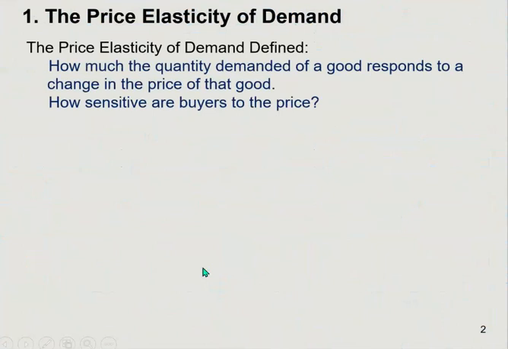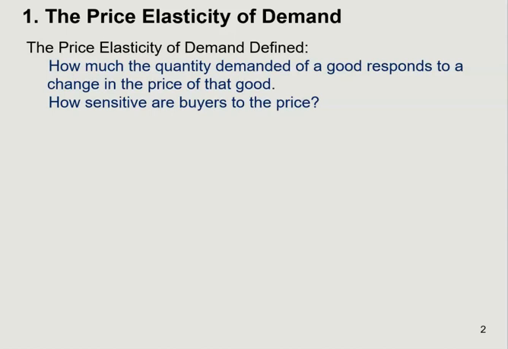First of all, let's get the price elasticity of demand defined carefully. Here we're going to talk about the price elasticity of demand. And later in this chapter, we're going to talk about some other elasticities, for example, income elasticities, and also briefly talk about the elasticity of supply, okay?